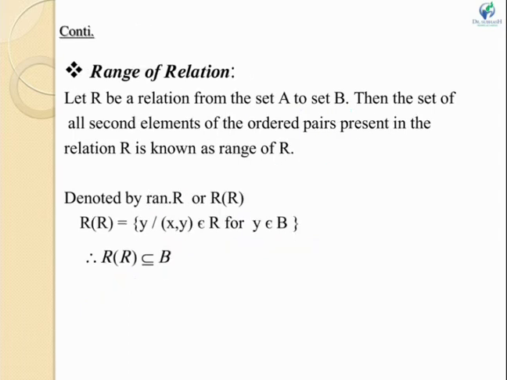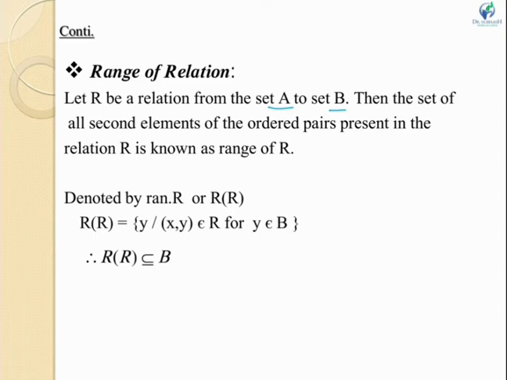Next is range of relation. Let R be a relation from set A to set B, then the set of all second elements of the ordered pairs present in the relation R is known as range of relation.